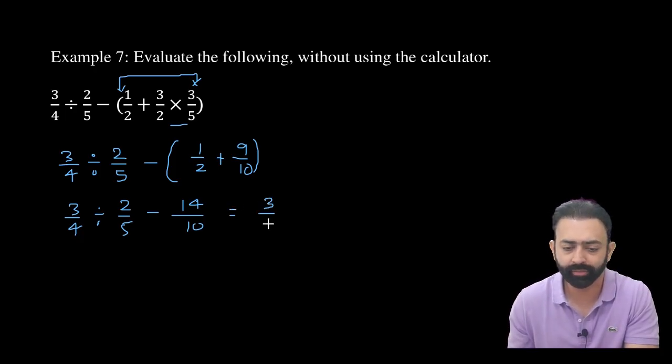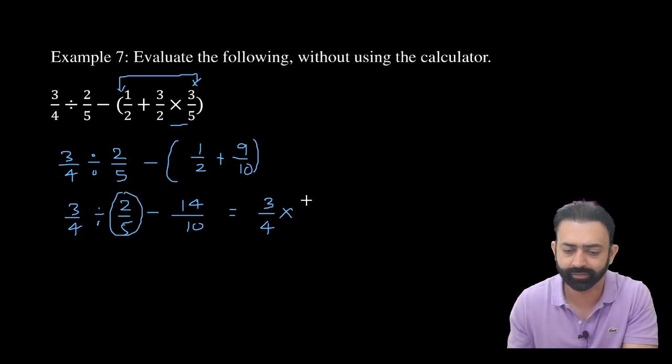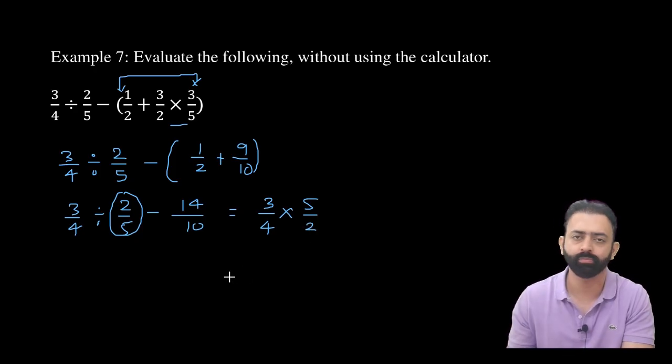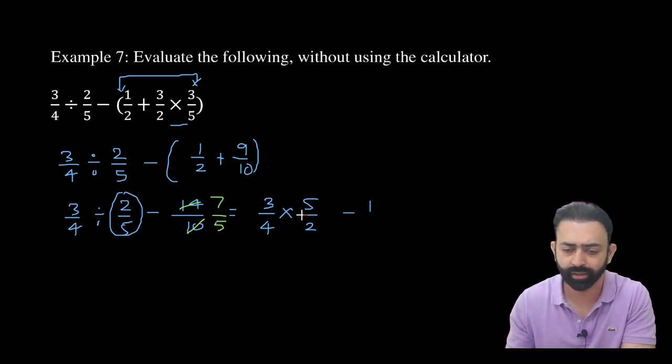The first fraction remains as it is, the division sign changes to multiplication, and the second fraction we reciprocate, so this becomes 5 by 2, and minus 14 over 10. We can simplify 14 by 10 since the common factor is 2, so we can write this as 7 by 5, just to simplify things.